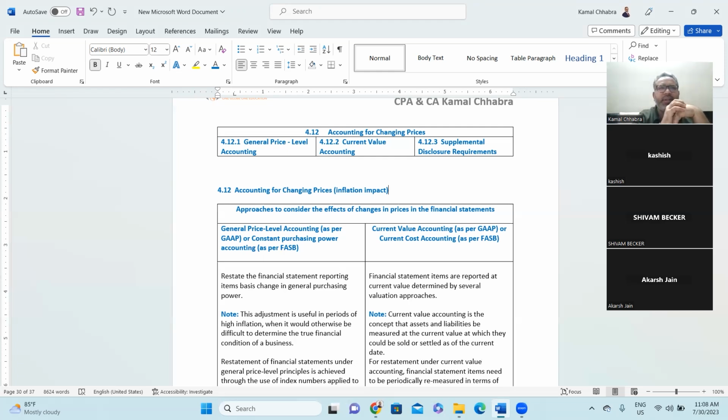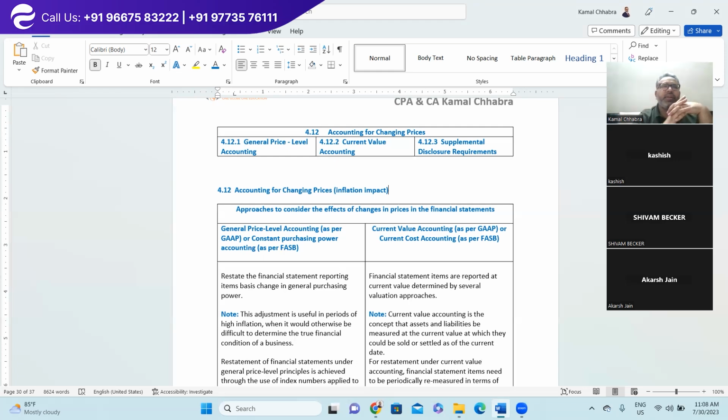What this standard says is how to adjust for changing prices to reflect the true value of the financial statement compared to the historical financial statement, right? For example, if you have a financial statement of the previous year where you have recorded, let's assume, $1 million of revenue, and let's say 10% of that, maybe $100,000, as net profit you have earned, right?